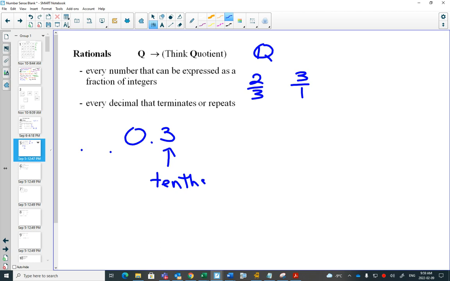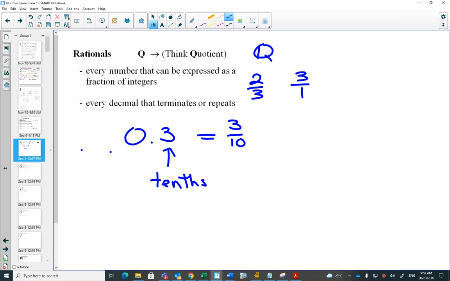The wonderful English language, who decided to put th at the end of a word. Tenths. So if that's tenths, and we want to write it as a fraction, we have 3 tenths.